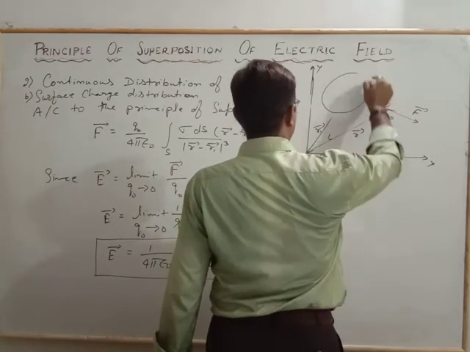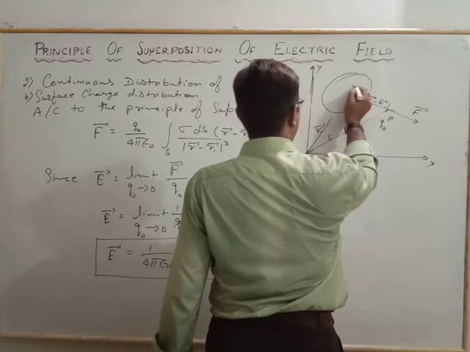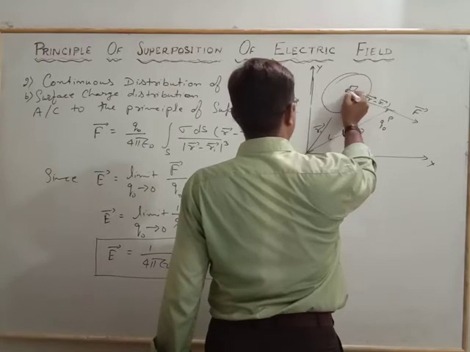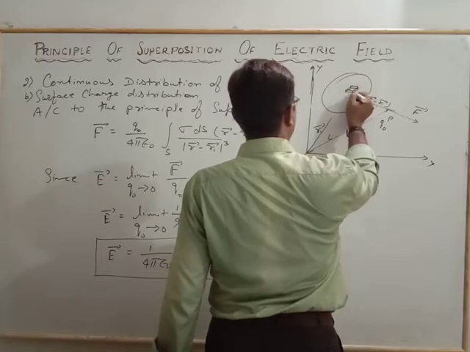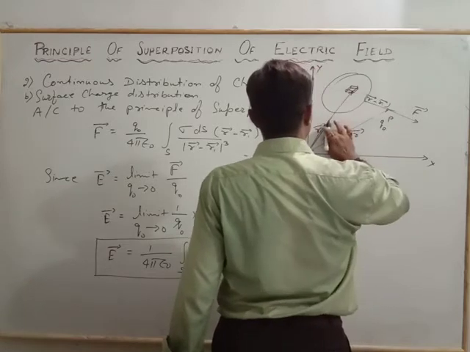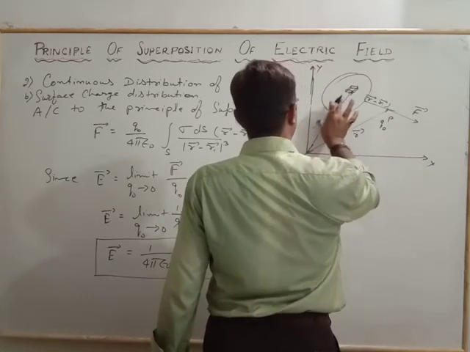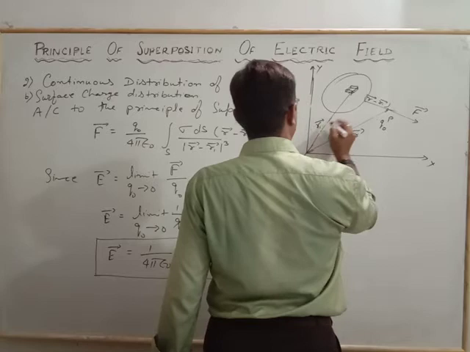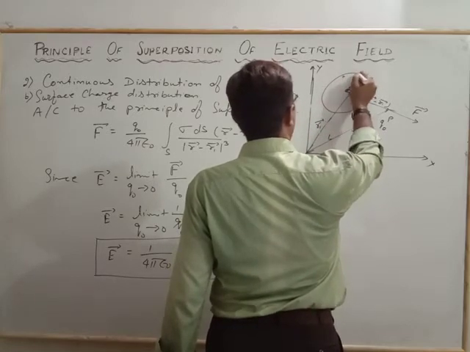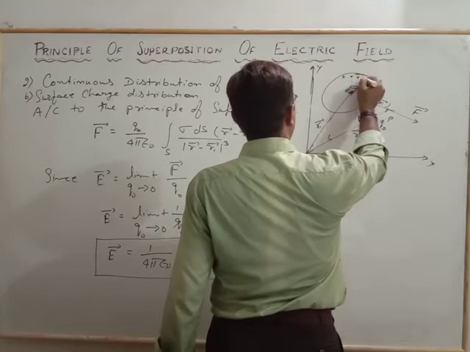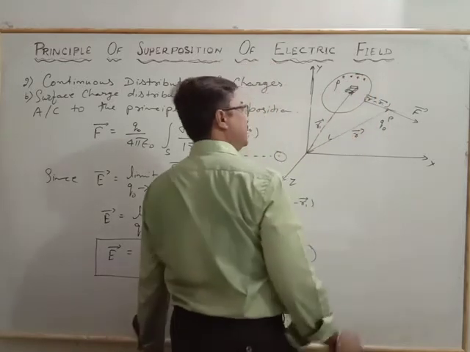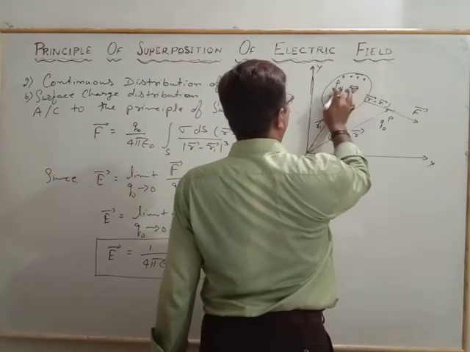Suppose the volume element is like this, and the position vector for this volume element is R1, where the charge is distributed uniformly with the volume density rho.